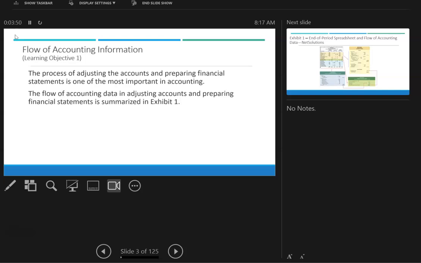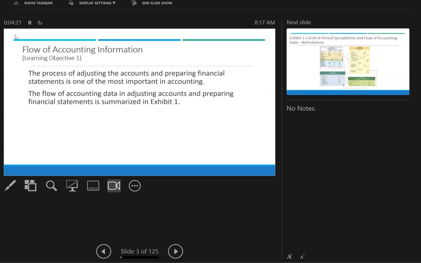The way we ultimately communicate it is through financial statements, because the end user will get those financial statements and be able to see, okay, what's the income that was earned this year? What are the costs, the expenses? How much debt does a company have? Where would they see the debt, the liabilities? On what financial statement? Wouldn't it be the balance sheet? We're going to learn all that today.